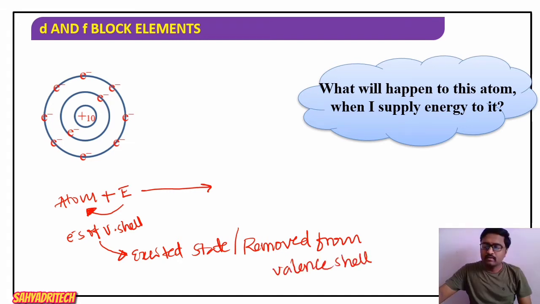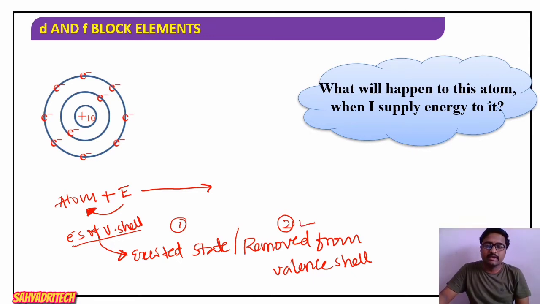So whenever energy is supplied to an atom, that energy is taken by the electrons of the valence shell. That electron may go to an excited state, that is a higher energy level, or else it may be removed from the valence shell. We have these two possibilities.